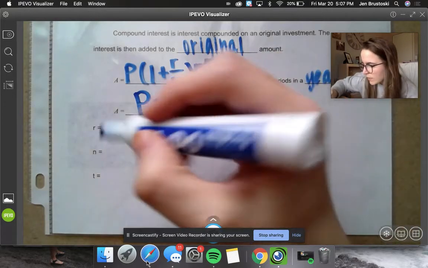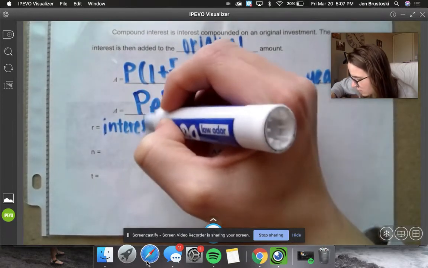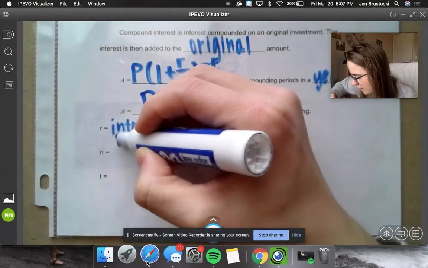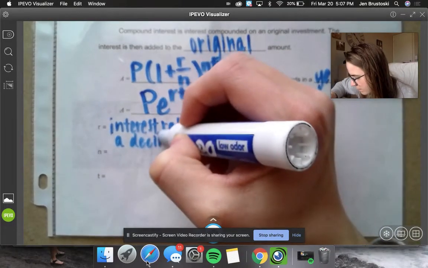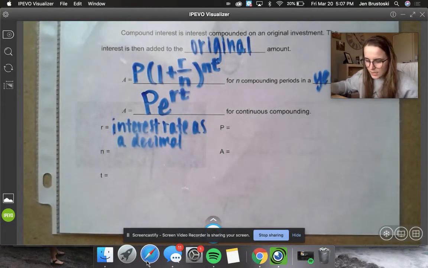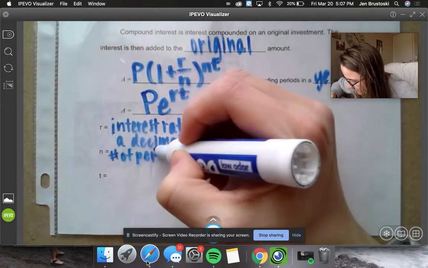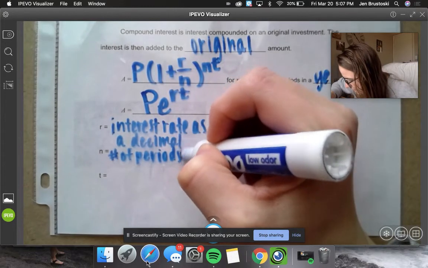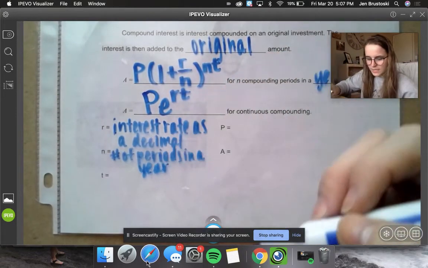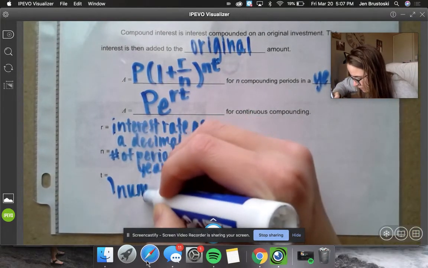So R is going to be the interest rate as a decimal. N is the number of periods in a year. T is going to be our number of years.